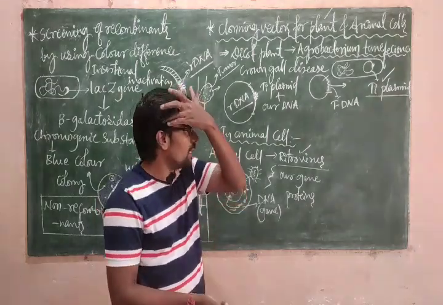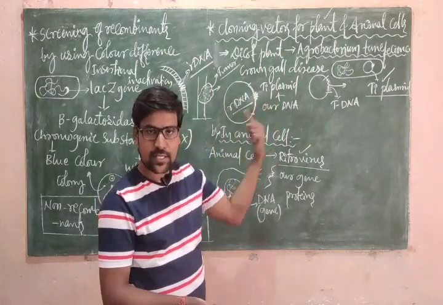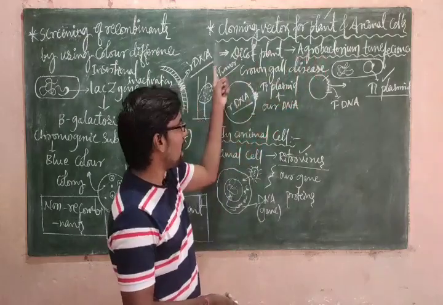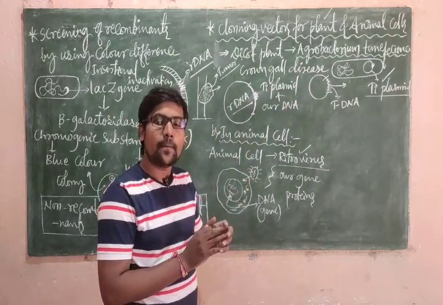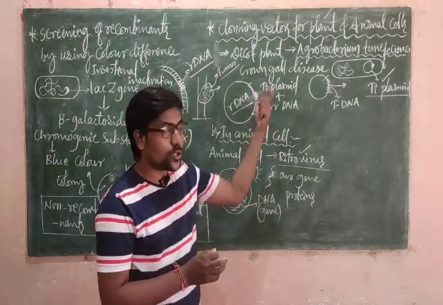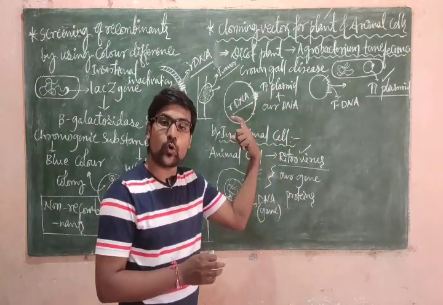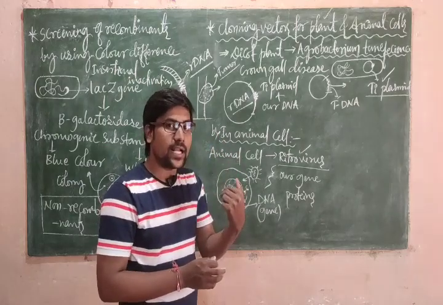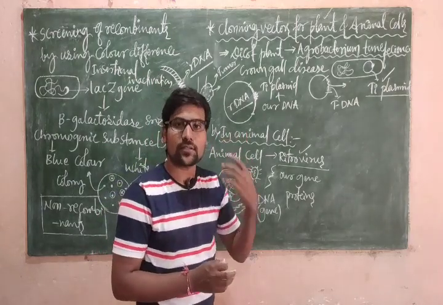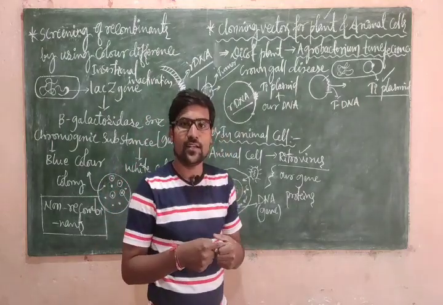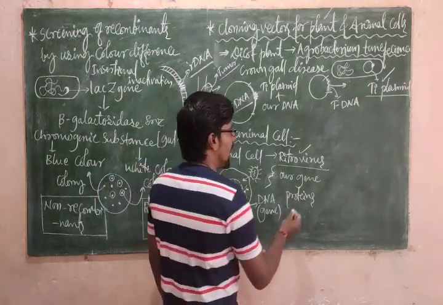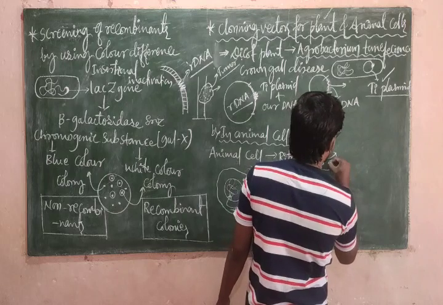But in both cases, this is also a pathogen to the plant, and this is also a pathogen to the animal cell. Both are dangerous. From both the vectors, from both the DNAs, we have to cut and remove the dangerous part, and in that gap we have to add our DNA. So we have to disarm them.